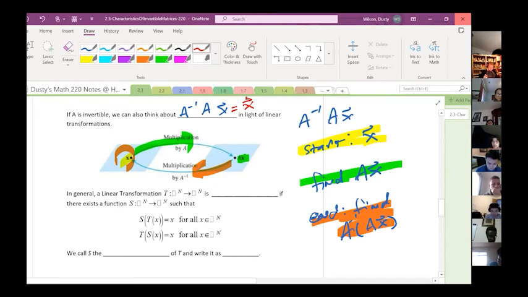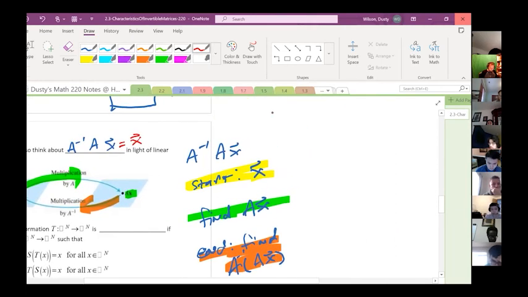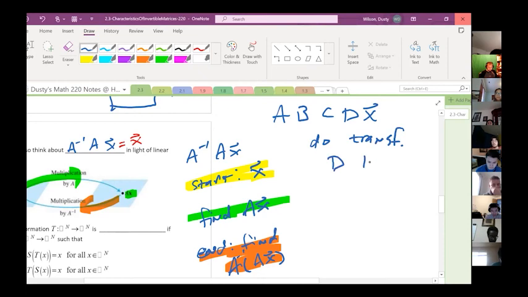All right. So one thing to note about this that's a little bit odd is that if you have, like, imagine that you had A, B, C, D times X. Okay, you would do transformation D first, then C second, B third, and A fourth.